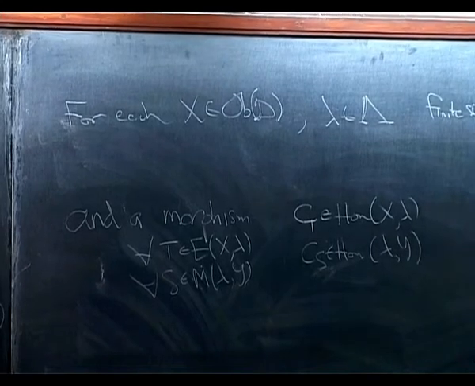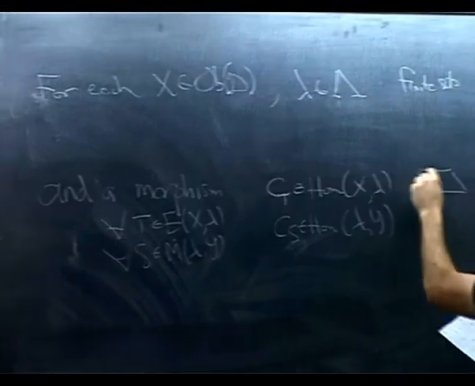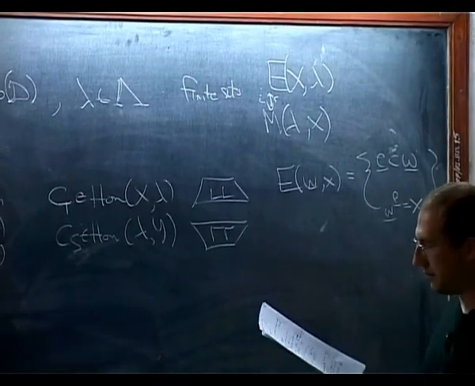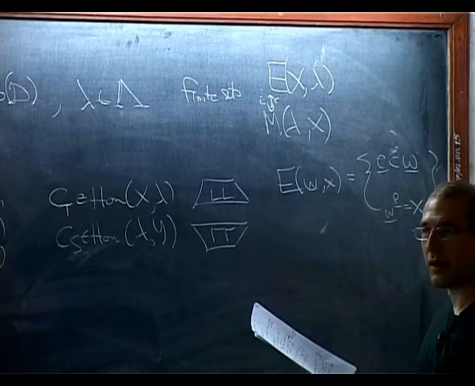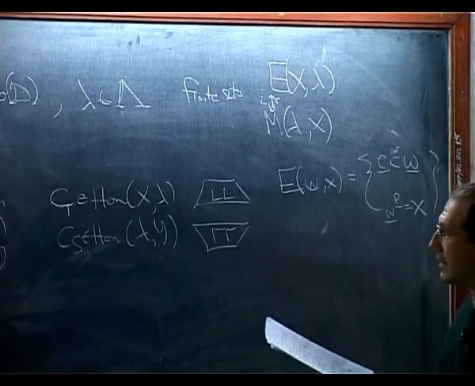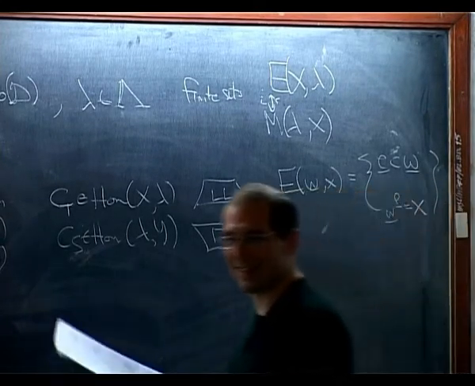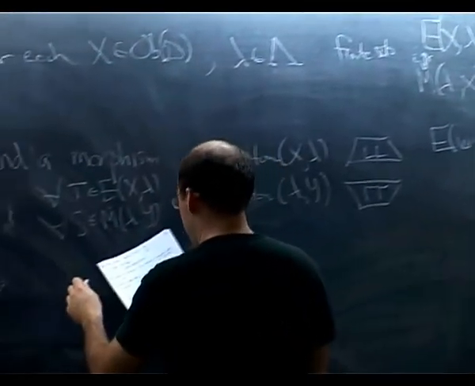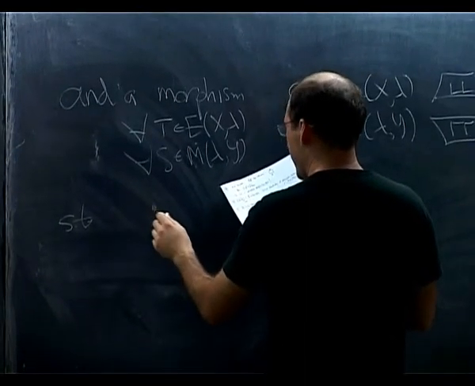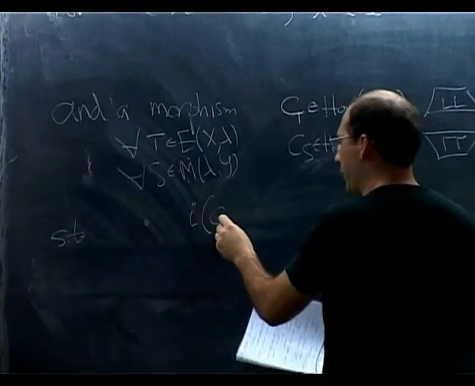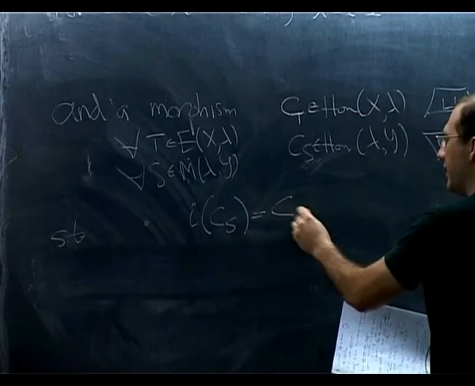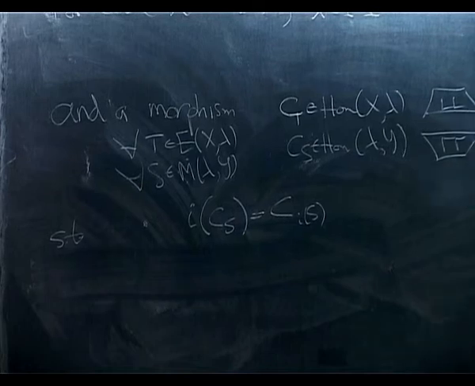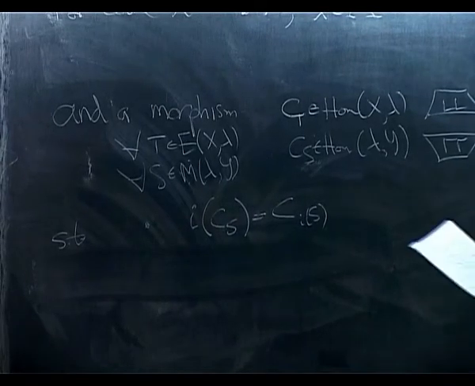So these are the light leaves, and these are the upside down ones. Okay. Now we finally get to say what these things satisfy. Such that, if we flip C_S upside down, we get C of I(S).